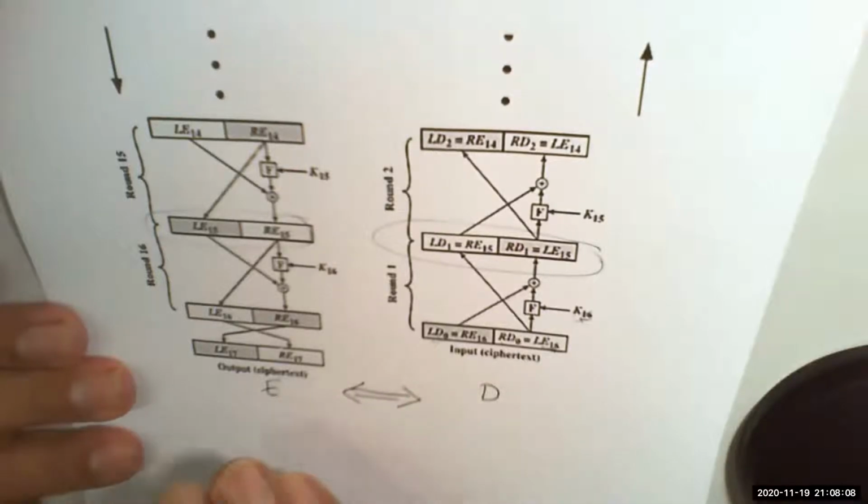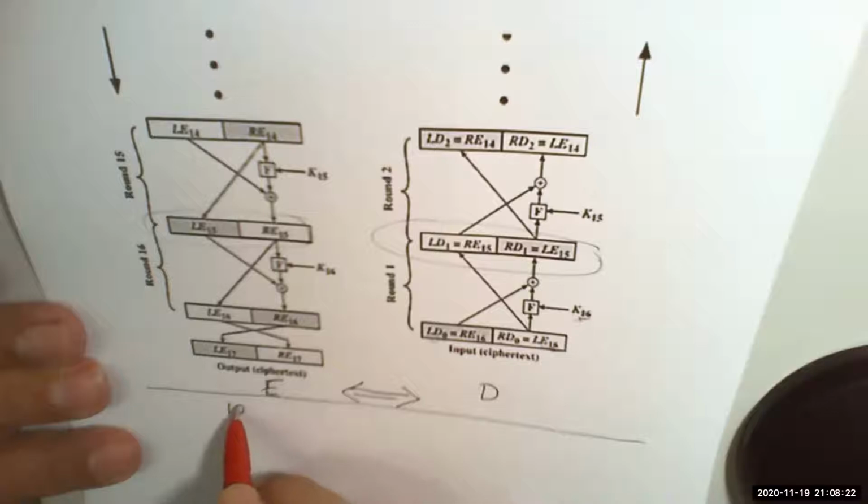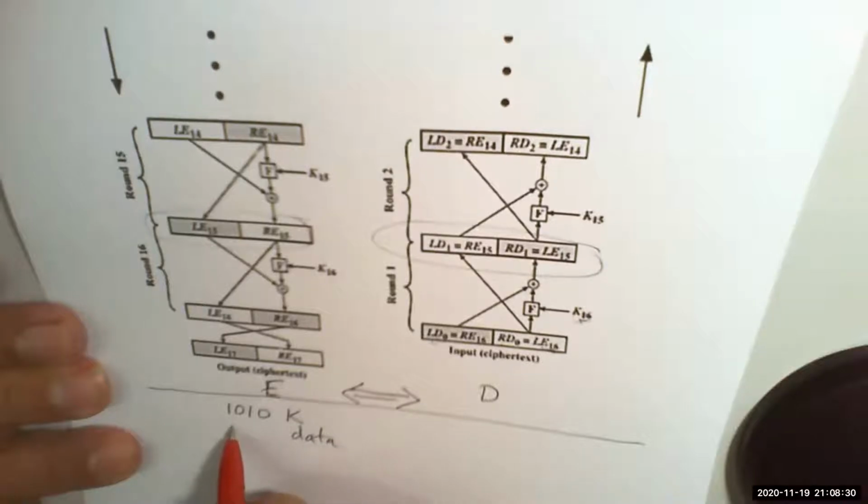We can do the same cycle, we apply the same rounds and get the same data output as we have seen with XOR. So this is the same as saying, okay, we have seen XOR: here we have 1 0 1 0, and this is the key and this is the data. For example, we have here 1 1 0 0.